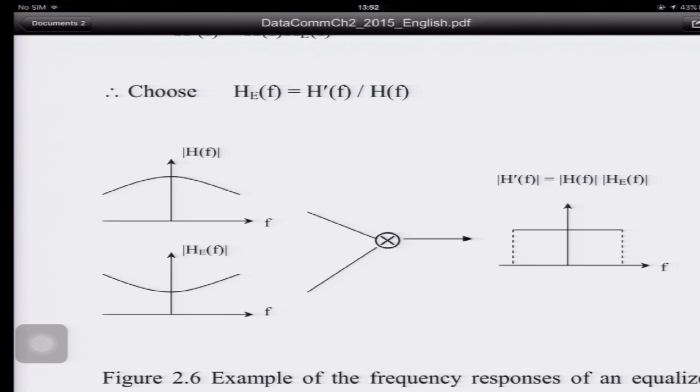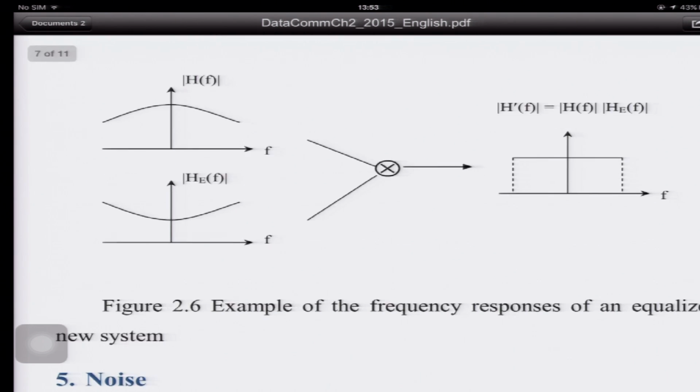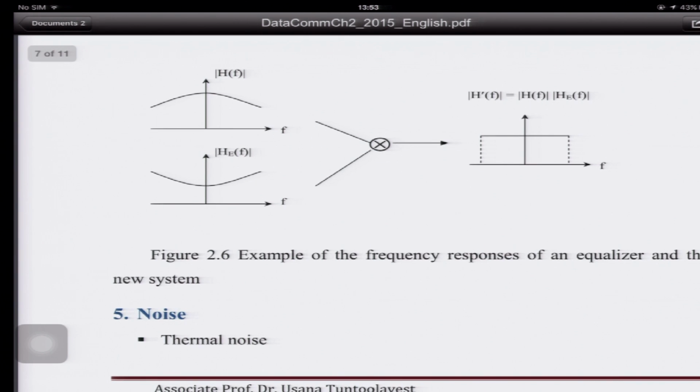If H(f) curves down like this, when you find H_E(f), you find that it has to curve up so that they can cancel each other. So when you multiply them together, the amplitude response of H'(f) is a constant. This is a very simple example, just to give you a sense of how to find the equalizer.